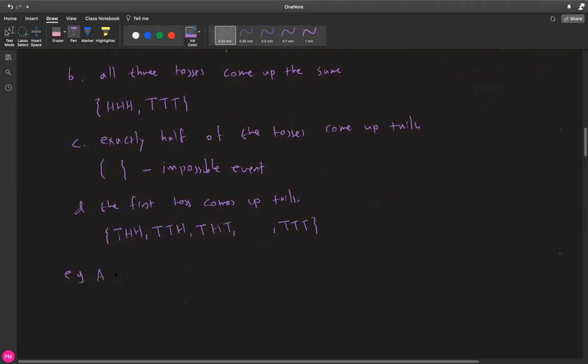Let's say a student randomly guesses the answers to true or false questions. Let's actually make it a little more complicated. Let's say it's 4.